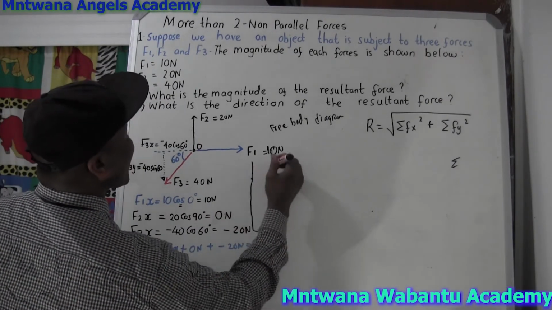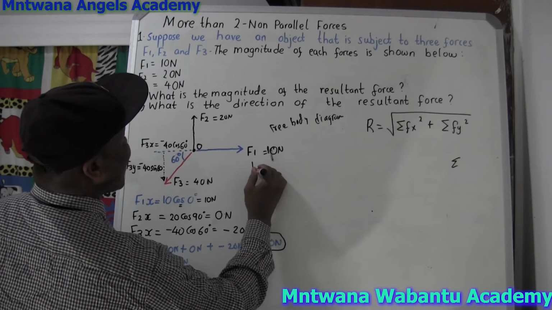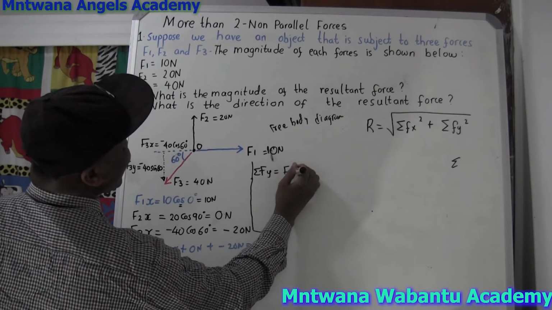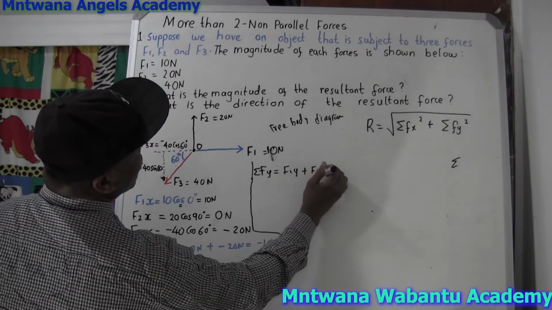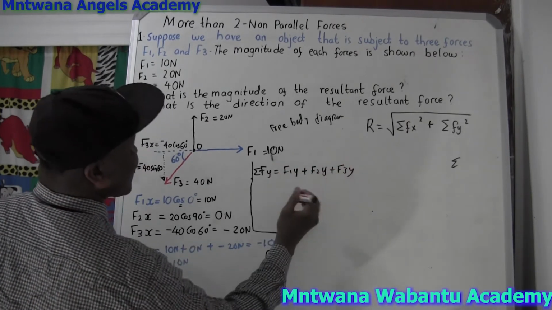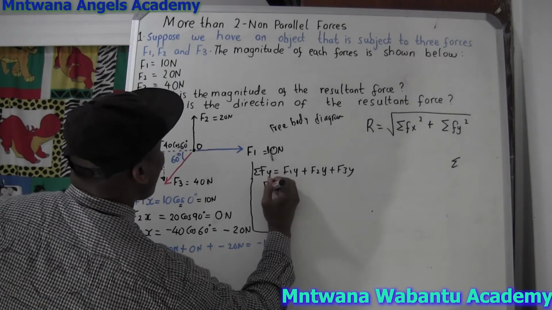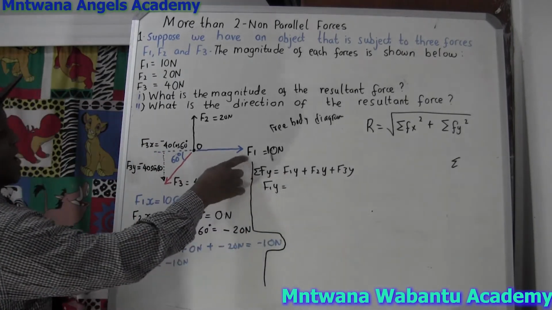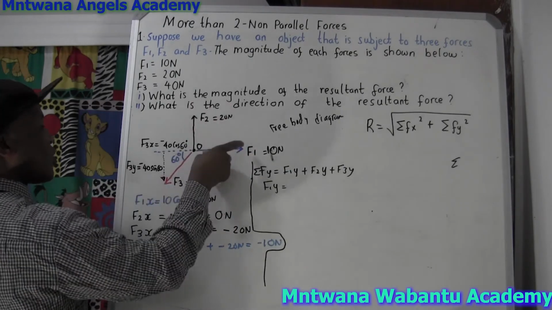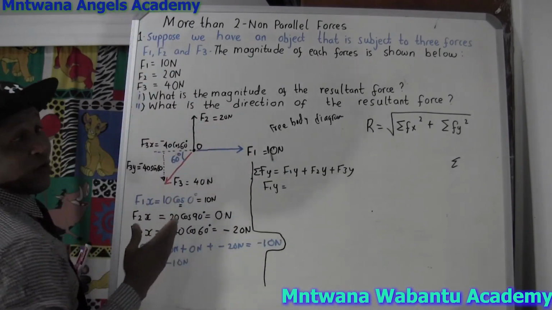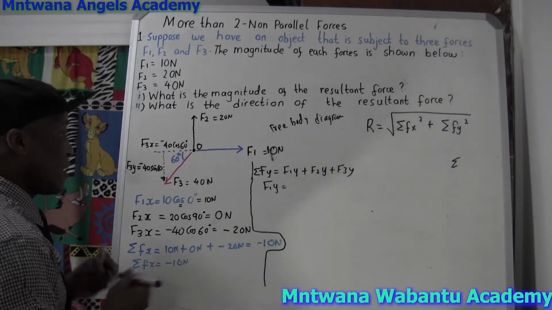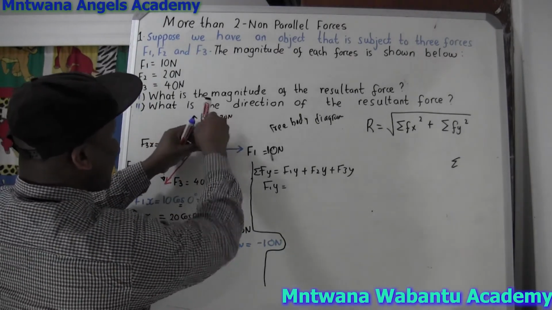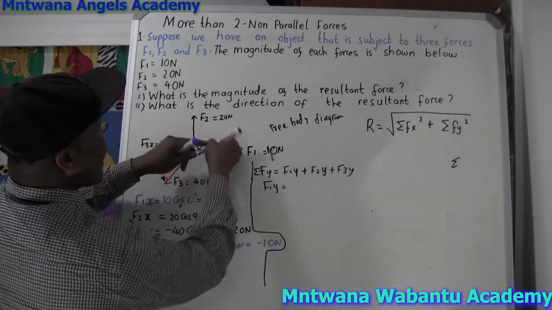So f of y, we want to get the summation of y. The summation of f of y equals f1y plus f2y plus f3y, because there are three forces. Okay, now let's go. What is f1y? F1 means this force here. If I want to make it vertical, because y must be vertical from the Cartesian plane, then which angle is going to turn? 90.